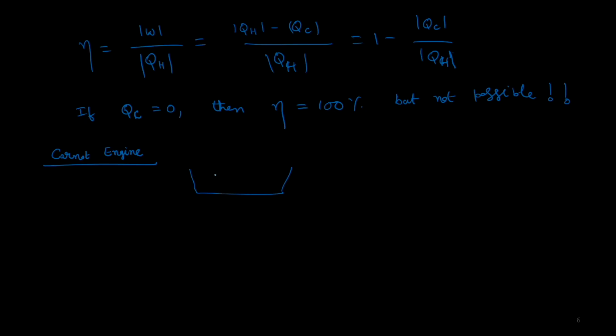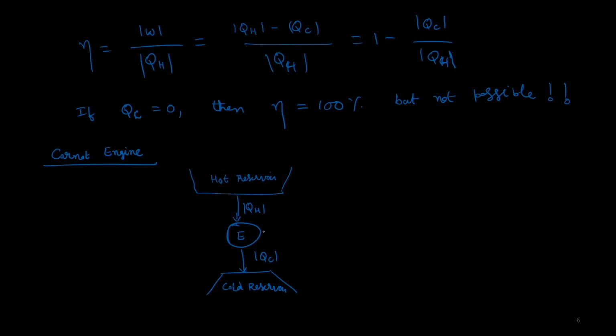So let's take a hot reservoir and let's build an engine which will accept QH from the hot reservoir at a temperature of TH and then reject QC to the cold reservoir at a temperature of TC.